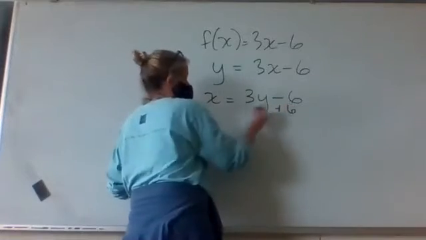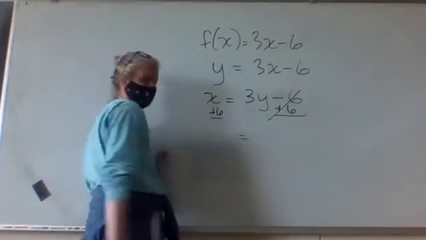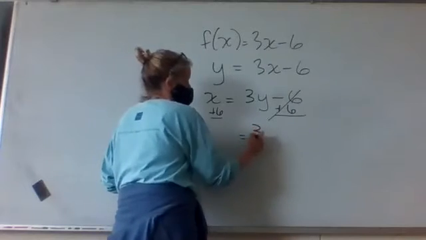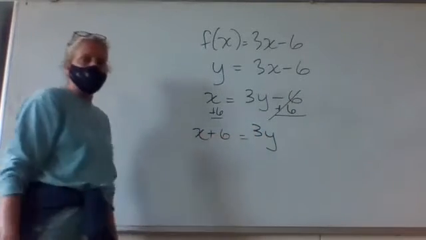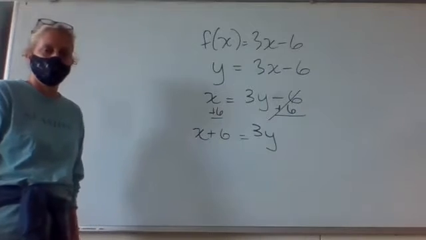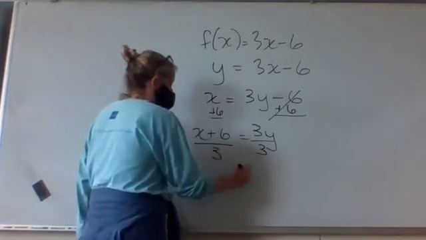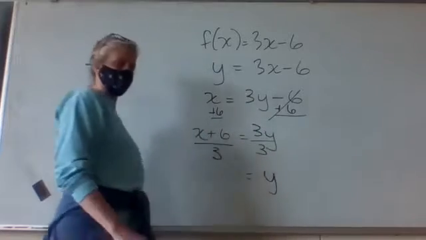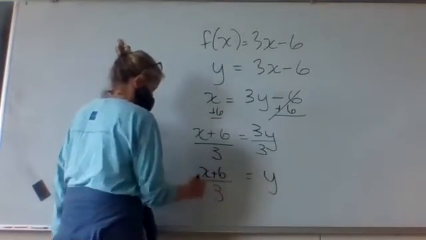So you're going to add the 6 to both sides. So now you have 3y equals x plus 6, and then divide everybody by 3. So y equals x plus 6 over 3.